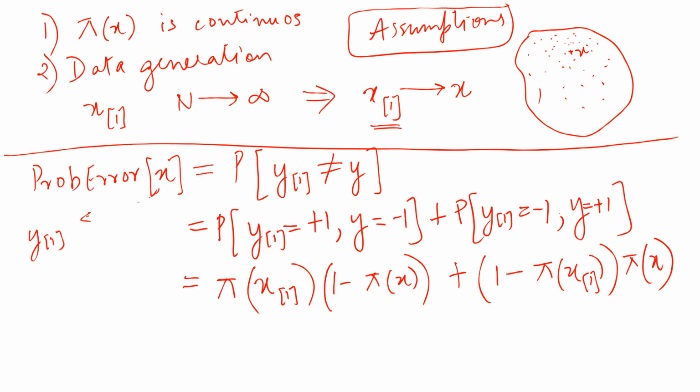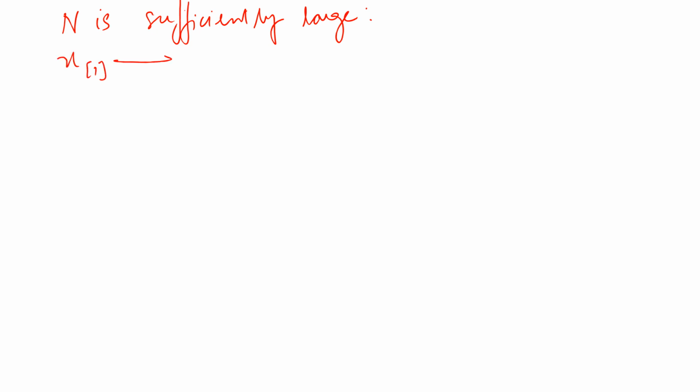Now, if you remember our assumptions, the two assumptions that we have, let's say we are generating more and more data, and let us assume that n is indeed sufficiently large. Then what happens? Well, my x1 is going to converge to my x, whatever that x is.